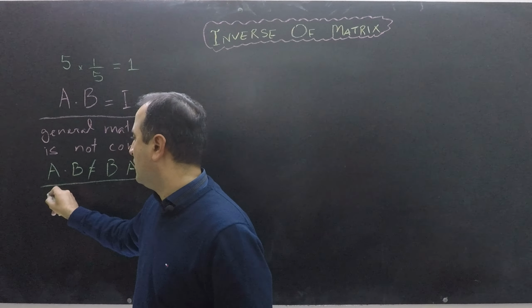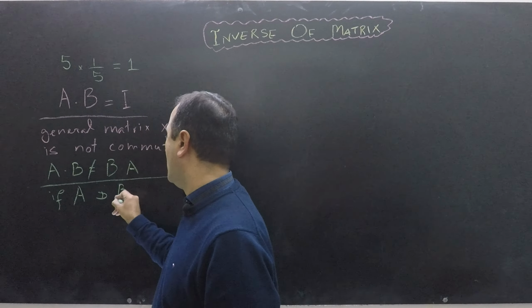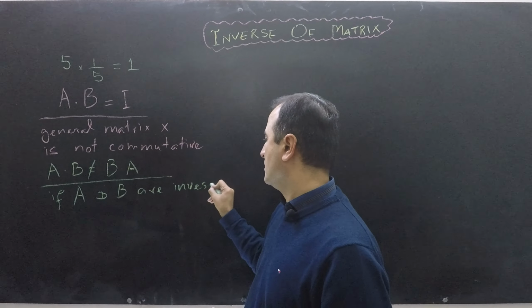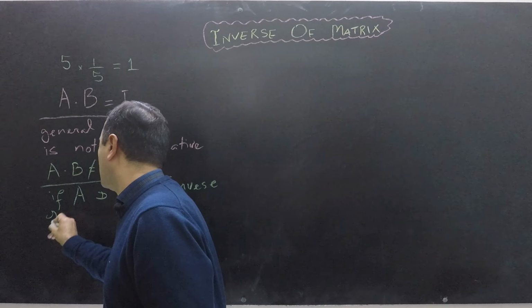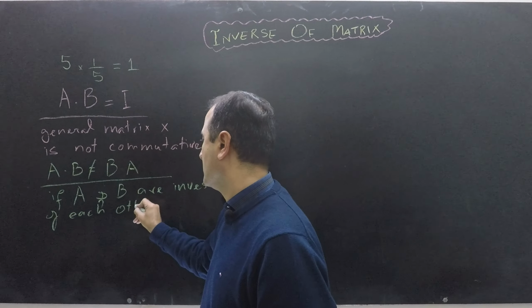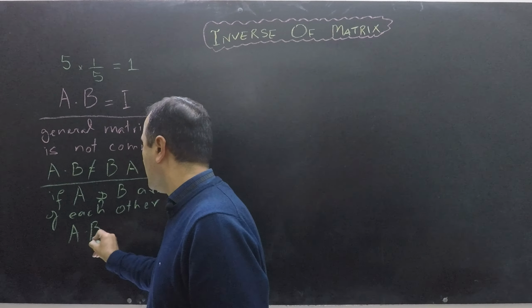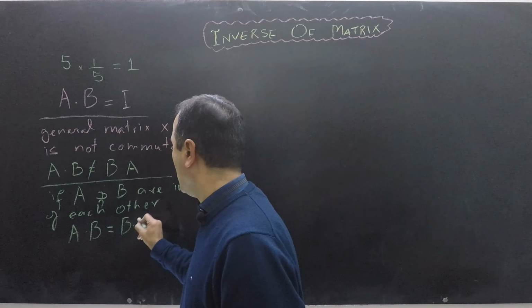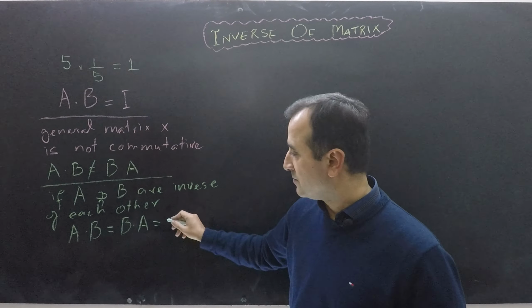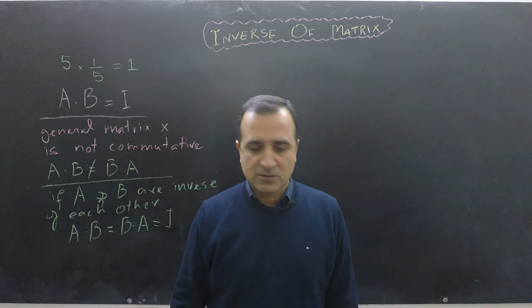So if A and B are inverse of each other, then in this case, A dot B is equal to B dot A. That means A and B are commutative, and it is equal to the identity.